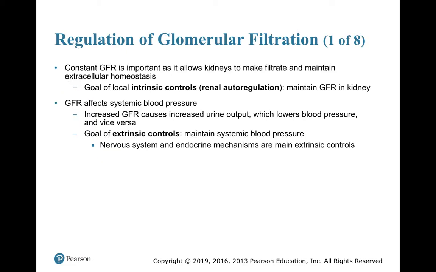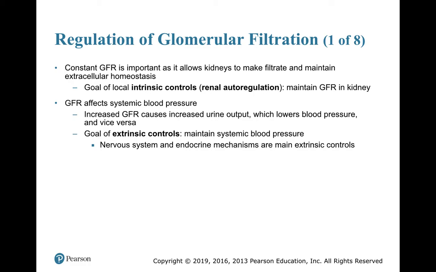A constant GFR is important because it allows the kidneys to make filtrate and maintain extracellular homeostasis. There are intrinsic controls over it, and those intrinsic or renal autoregulations maintain the GFR in the kidney. GFR is also going to affect systemic blood pressure.